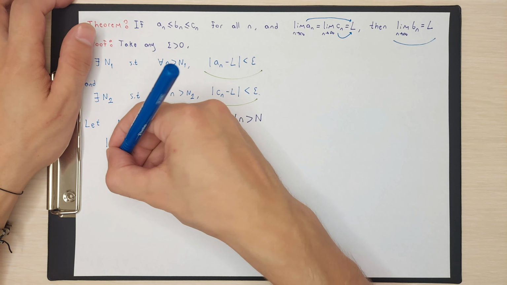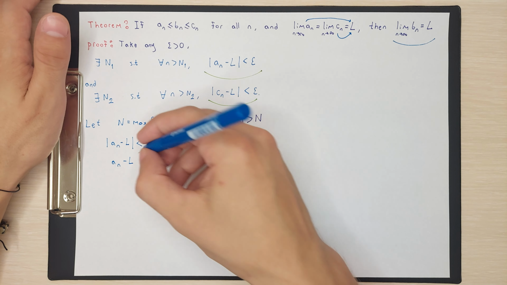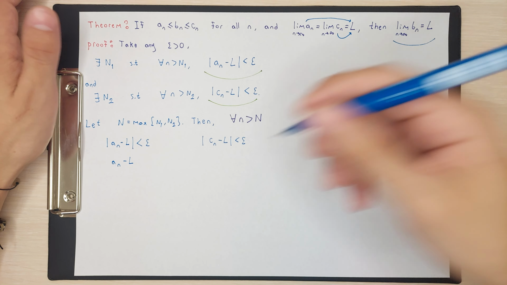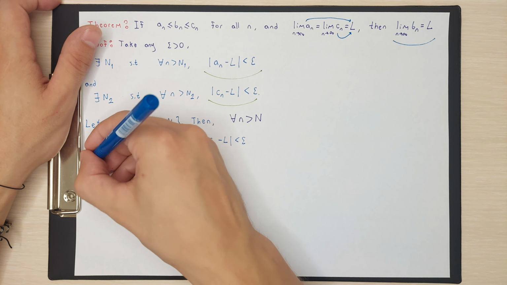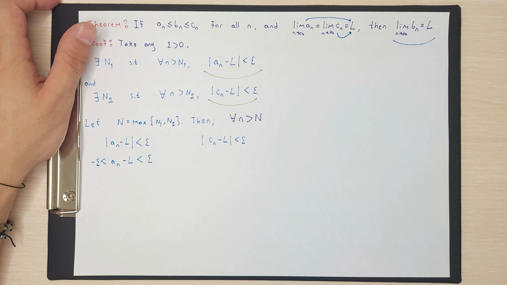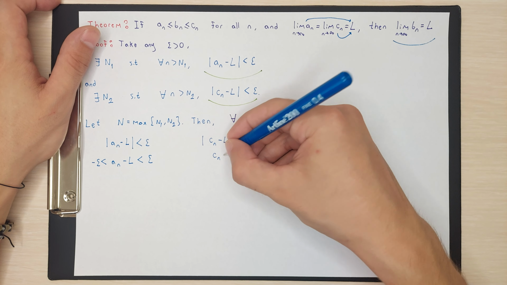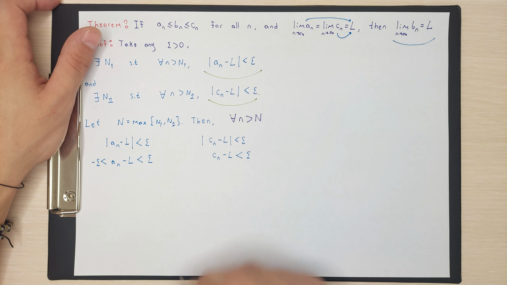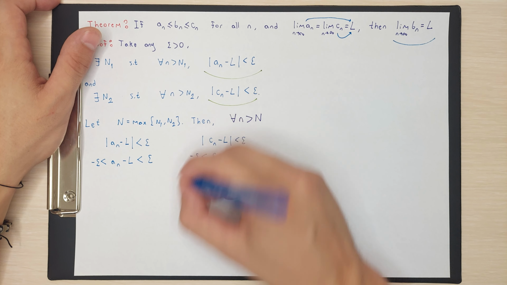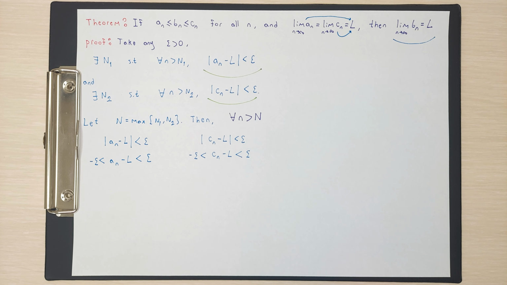If the absolute value of an minus L is less than epsilon, then an minus L is less than epsilon but greater than negative epsilon, right? This is the definition of absolute value. Similarly, cn minus L will be less than epsilon but greater than negative epsilon. This is the definition of absolute value.